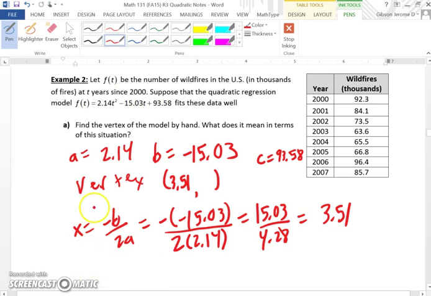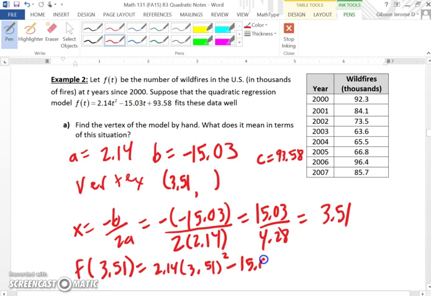Now we want to find our y value. We substitute this value into the original equation. So we have f of 3.51 is equal to 2.14 times 3.51 squared minus 15.03 times 3.51 plus 93.58.